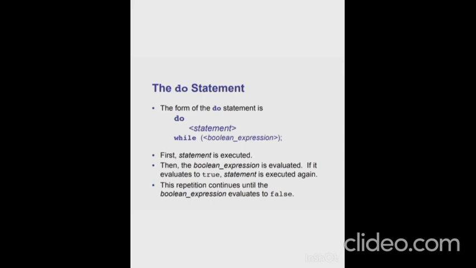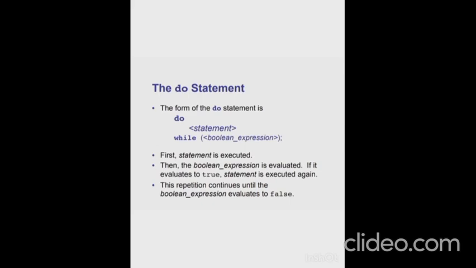In this, first the body of the loop will be executed, then the boolean_expression, the test condition, is evaluated. If it evaluates to true, the statement is executed again. This repetition continues until the test condition evaluates to false. If it is false, the loop will be terminated and the control goes to the statement that appears immediately after the while statement.